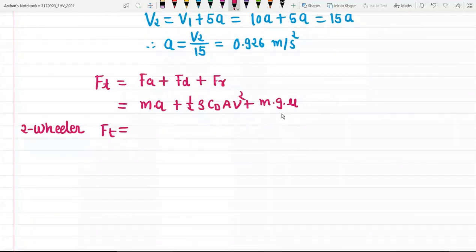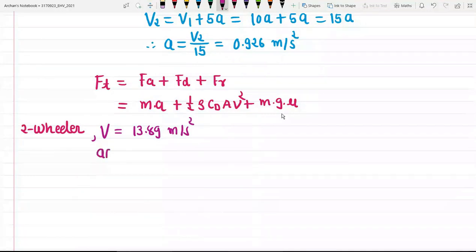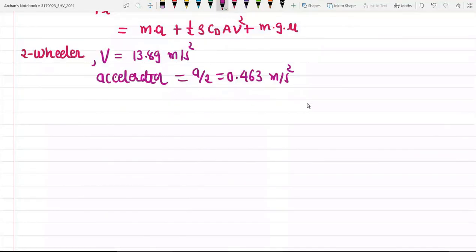For a two-wheeler, let us say velocity v is equal to 13.89 meter per second, and acceleration would be a by 2, which is equal to 0.463 meter per second square. So now calculate the aerodynamic drag Fd.